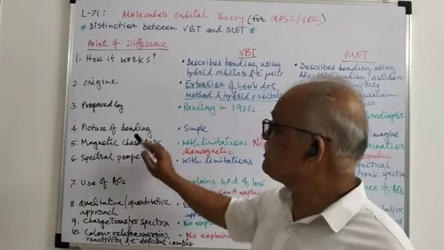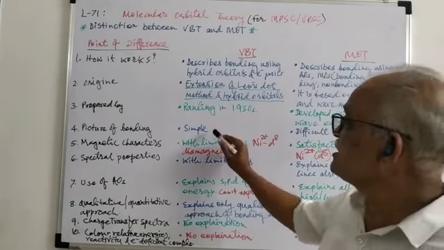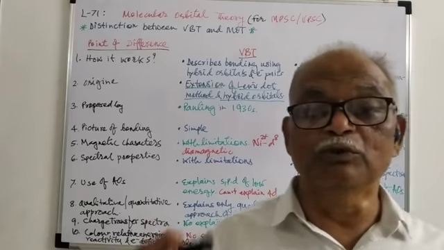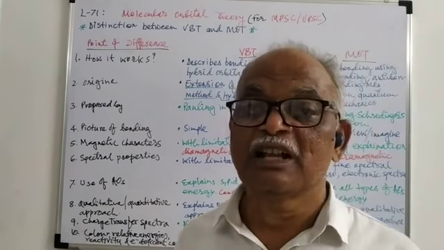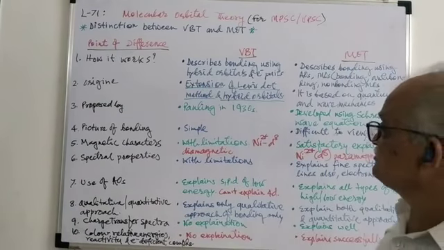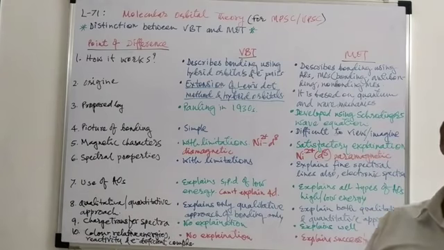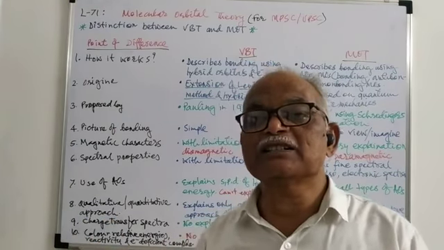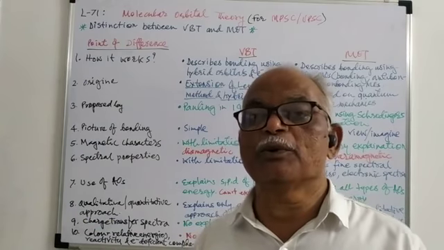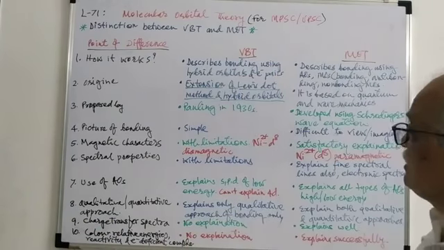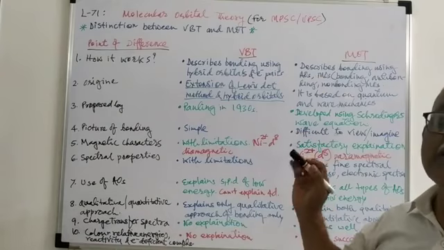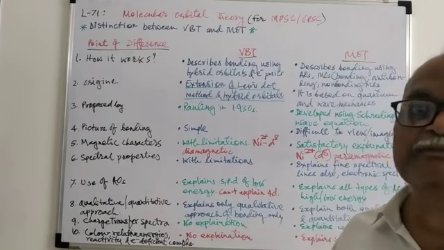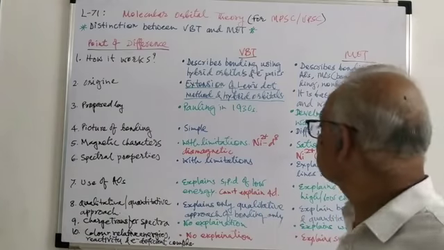Then if we see the picture of bonding, VBT gives a simple picture of bonding which is easy to view or imagine. We can imagine the nature of the bond, how the bond is formed by lateral or axial overlap, and because of this it gives a clear picture of bonding, as well as explaining the shape of the molecule.